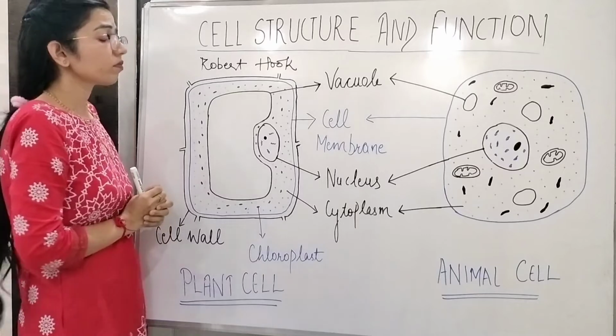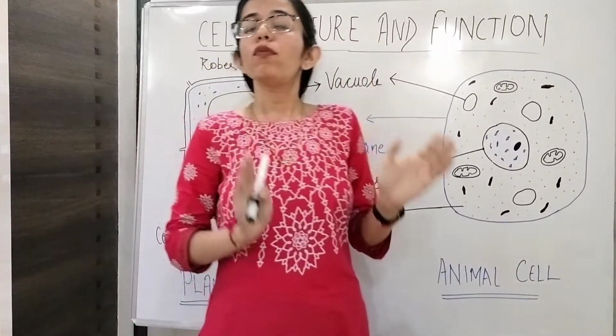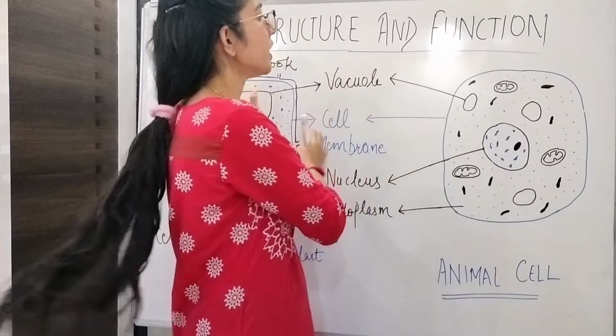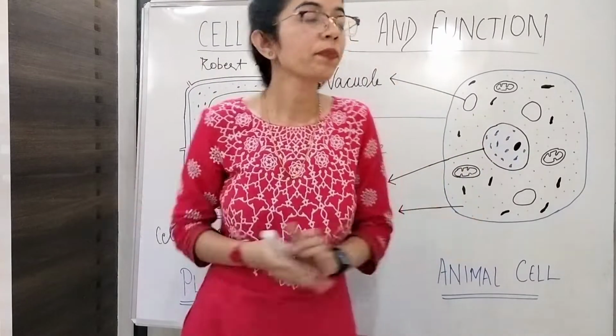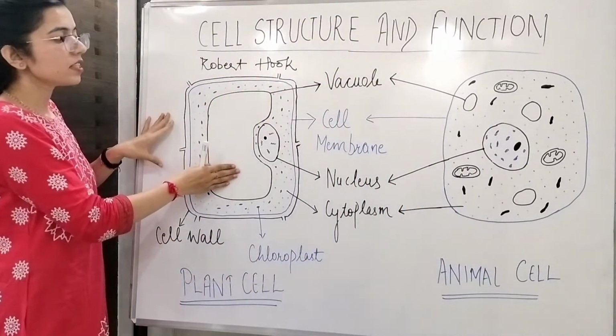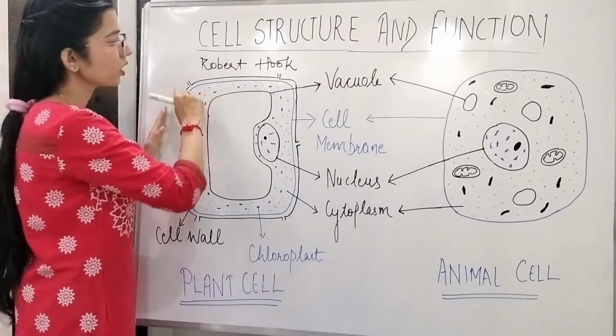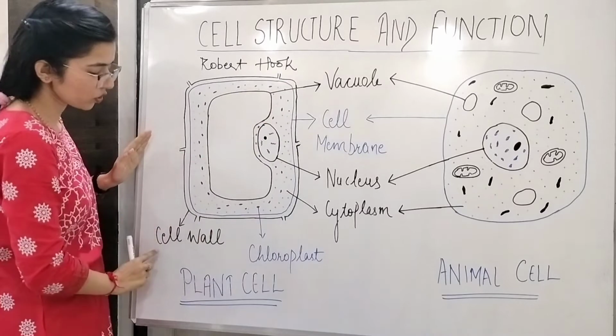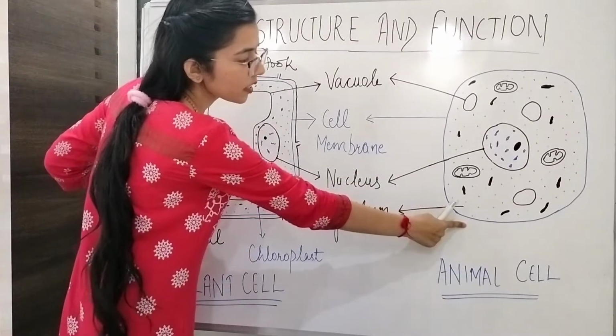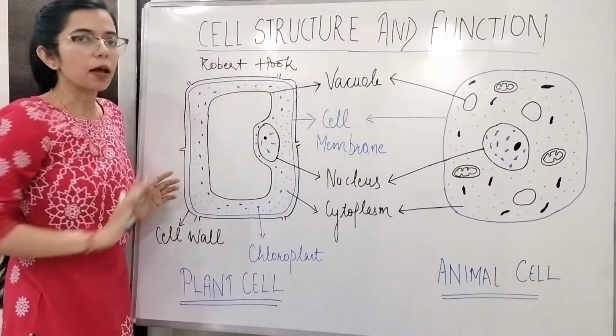All right. Now if we want to differentiate between animal cell and plant cell, then how will we do it? See, in plant cell there is an extra boundary present which is known as cell wall, but in animal cell wall is absent.